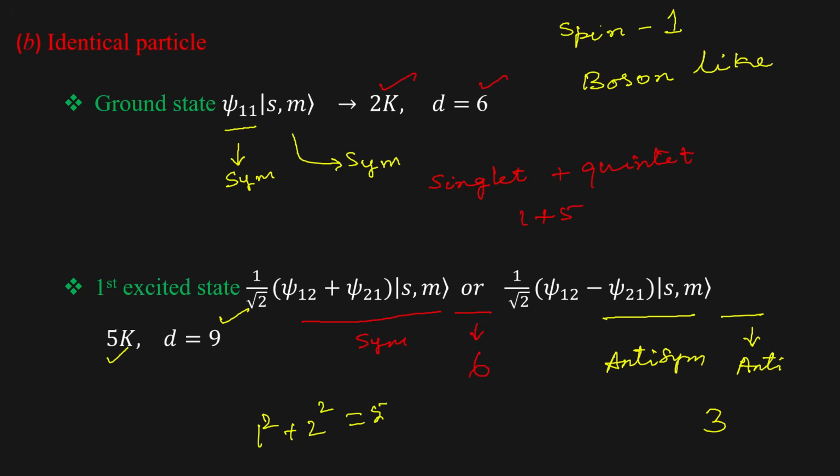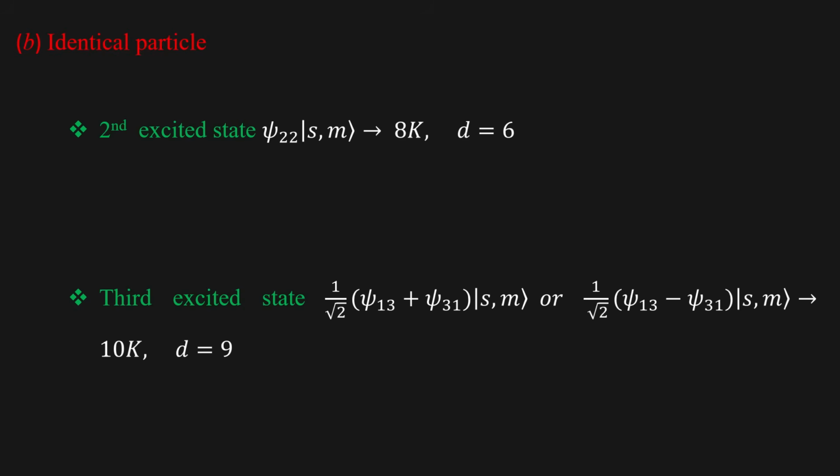Then we will move on to the next case. Now we will see it for the second excited state, that is psi 2 2 χ_sm. Here it is clear that it is symmetrical. So naturally this also must be symmetric. So what are the possible symmetrical spin states?